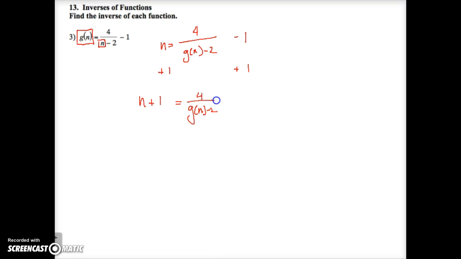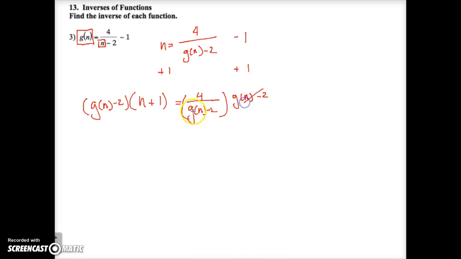And now I'm going to multiply both sides. I want to get this out of the denominator, this g of n minus 2. So I'm going to multiply both sides by g of n minus 2. Multiply this side by g of n minus 2.